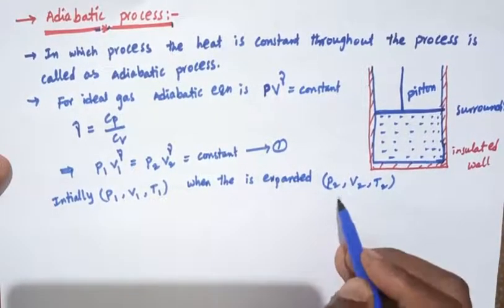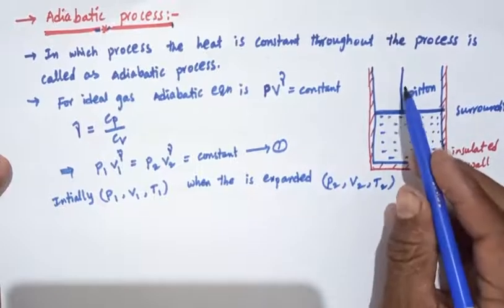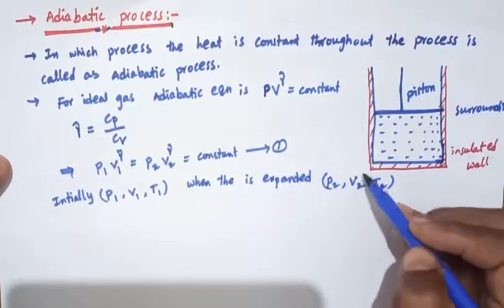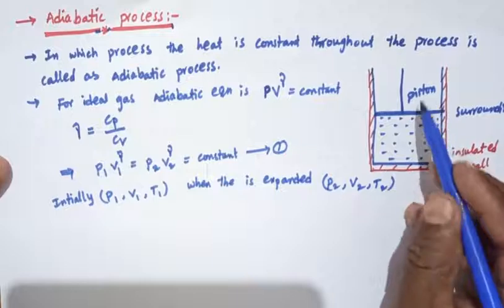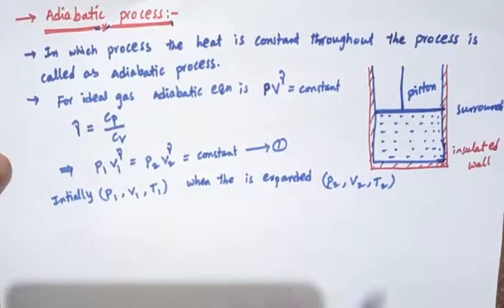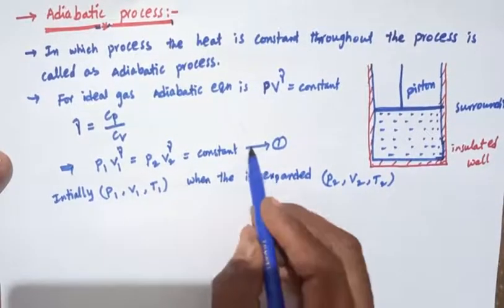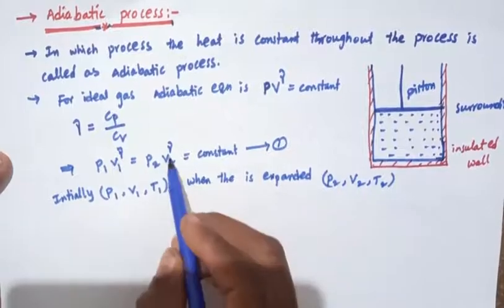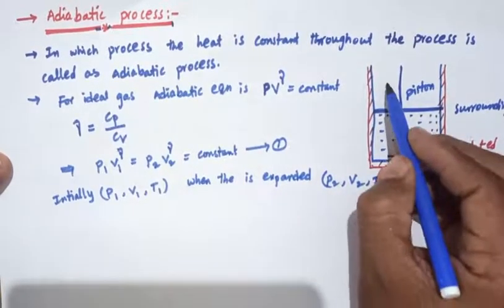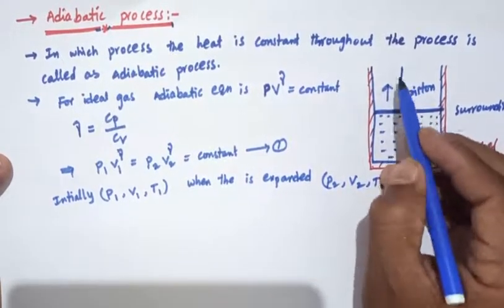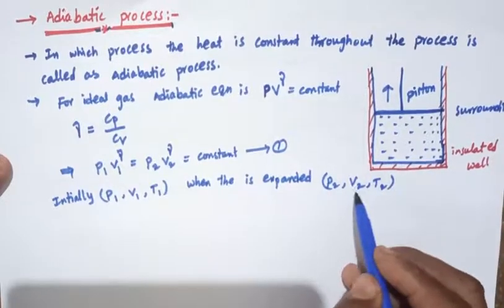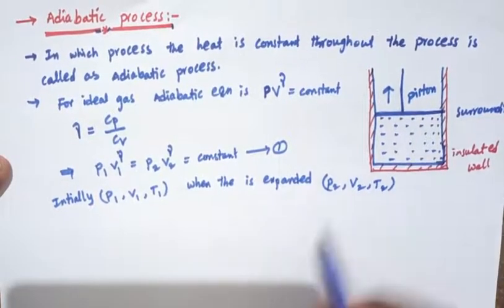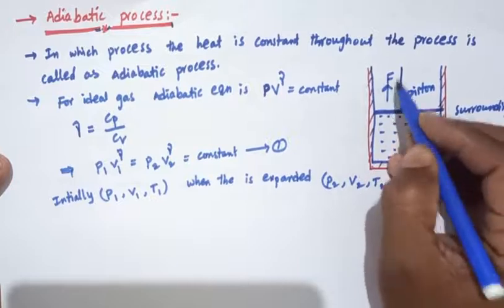We consider expansion: the pressure decreases, the volume increases, and the temperature decreases. When the piston is moved upward, the volume increases and the force is applied in the upward direction.